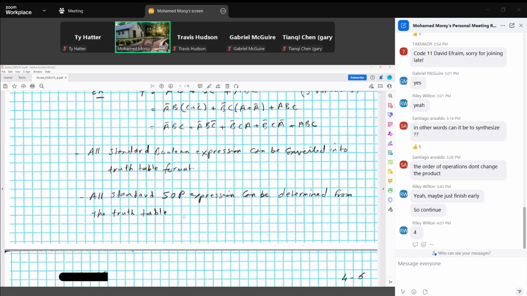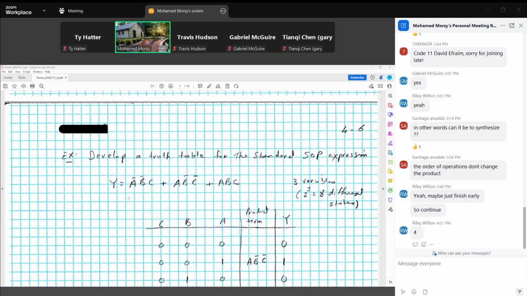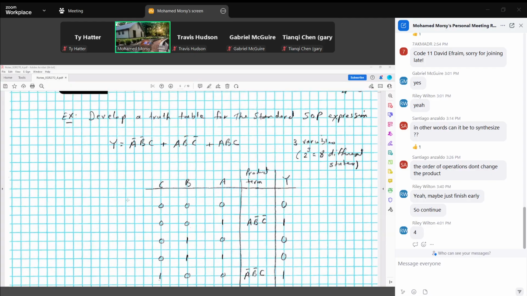So like two-way propagation, two-way direction. From the Boolean expression, if it is standard, we can get the truth table. Or if we have the truth table, we can get the Boolean function.